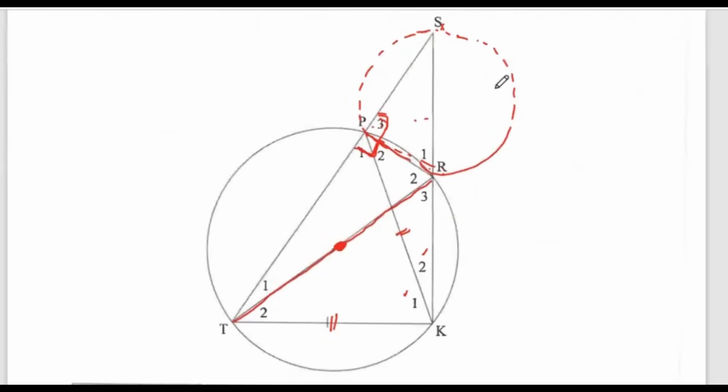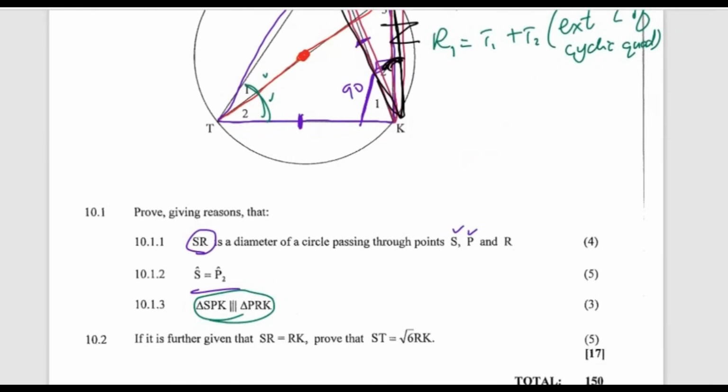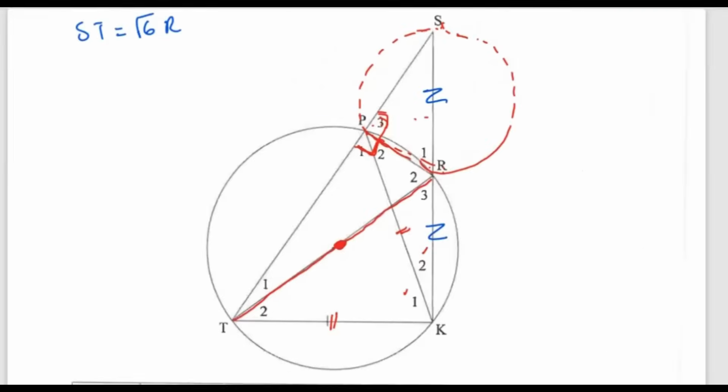So this is the same as that. Now they want us to prove that ST is root 6 RK.